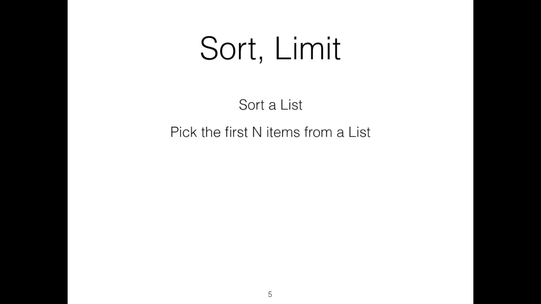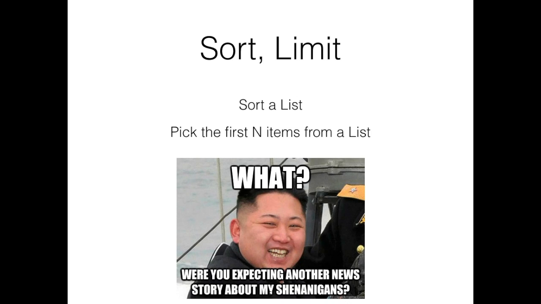So, for example, if you want to sort on the price attribute, you come back with a list that is in sorted order. Limit. The limit operator picks the first n items from a list. Fairly straightforward.